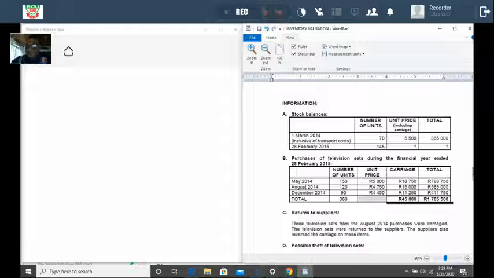We have 145 TV left. What is the value of the closing stock? For us to use FIFO method, we have to look at, okay, here we started with 70 television.